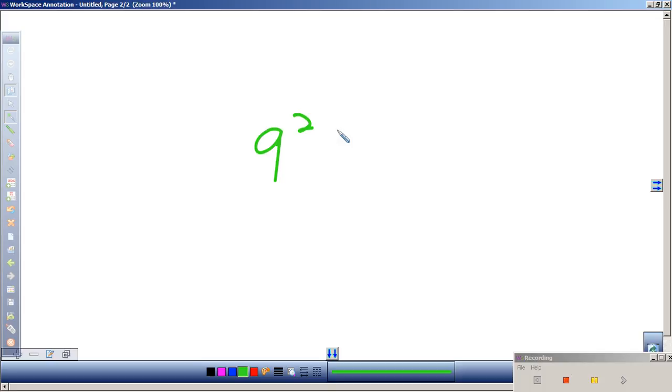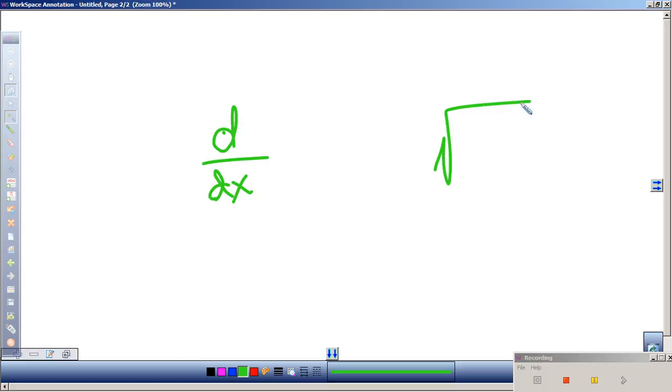Now I've done an operator on it. What am I supposed to do if I see this? Square. I take 9 times 9. Same sort of deal when I do the square root. It means I want the square root of 9. So when you see this, it's the same thing as saying the square root, except it's a different operation.